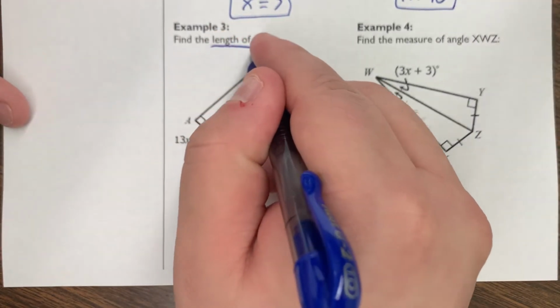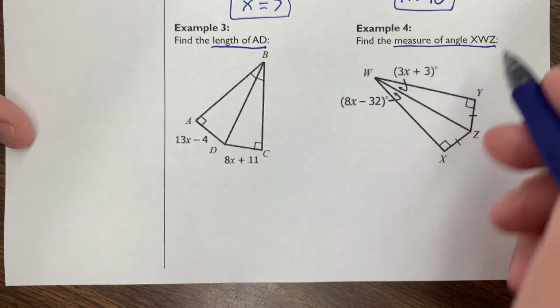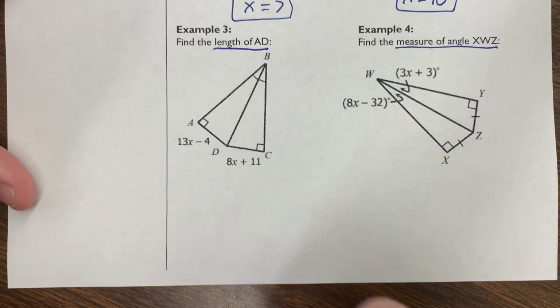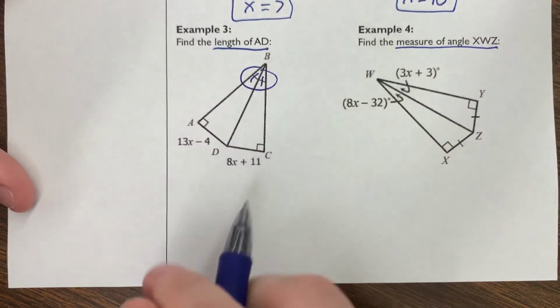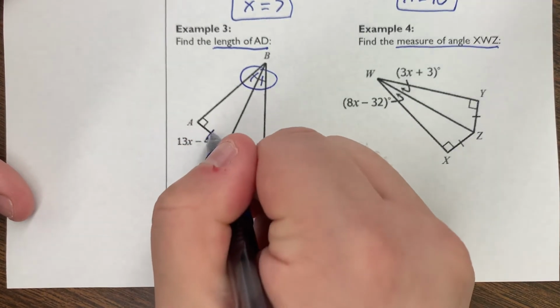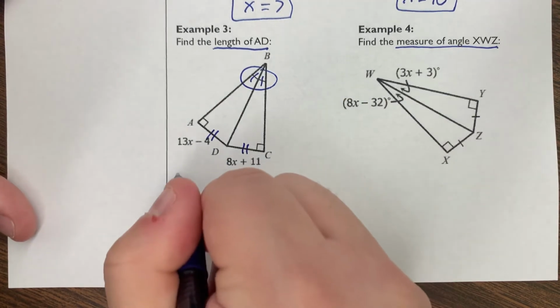We're being asked to find the length of a segment or the measurement of one of the angles in the picture. So we still have the same work to do, we just have a little more to do on the back end after we find our value. So if we look here in 3, the angle has been bisected thanks to the marks up here at angle B. So as a result, we know that AD and DC have to be the same length.